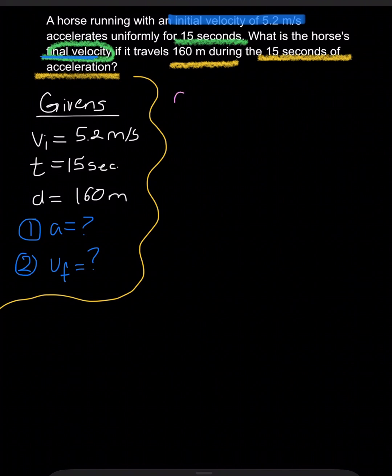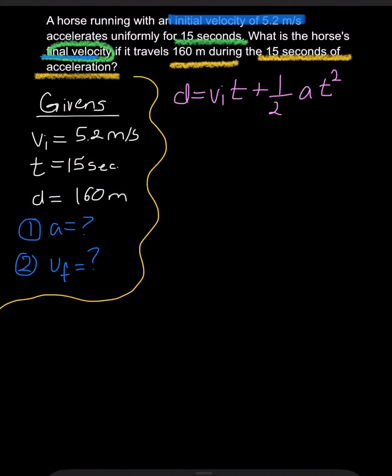d equals v initial times time plus 1/2 acceleration times t squared.